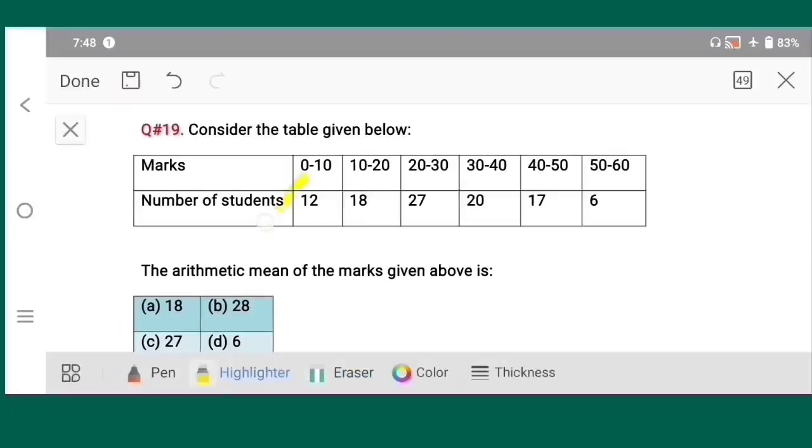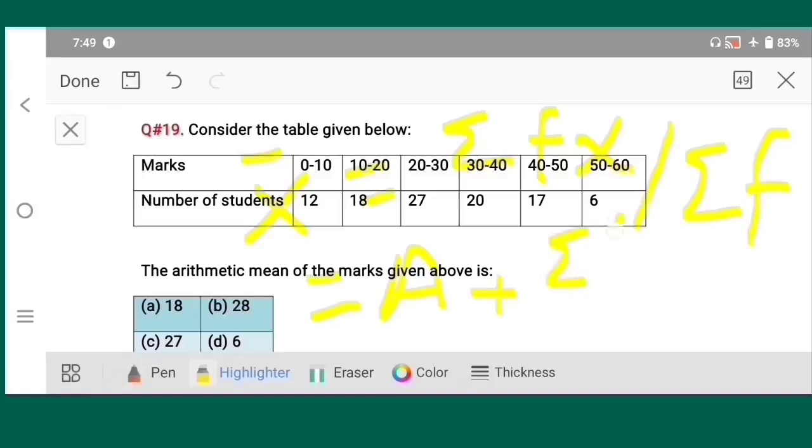So x bar is equal to summation f x divided by summation f. You can use this one, and also you can use this one: a plus summation f d divided by summation f, where a is the assumed or supposed mean.